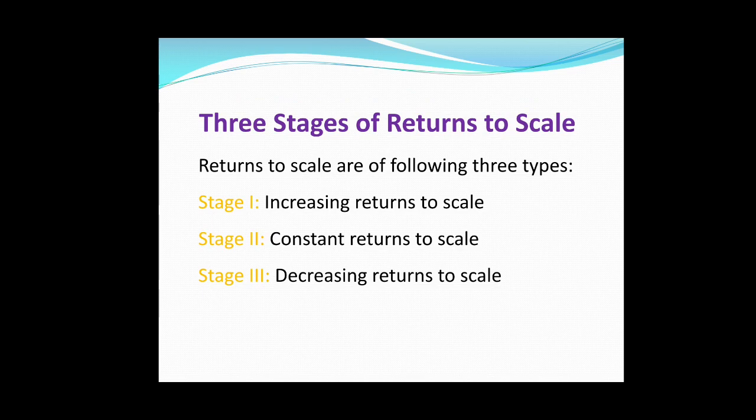The second possibility is that total output may increase proportionately, or we can say the increase in output is the same as the increase in factor inputs, and this is the situation of constant returns to scale.